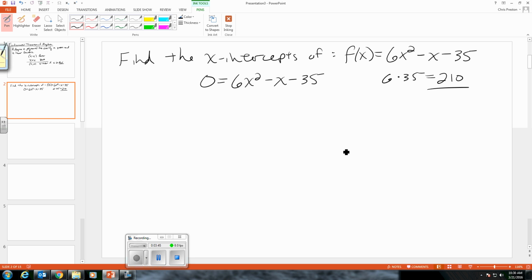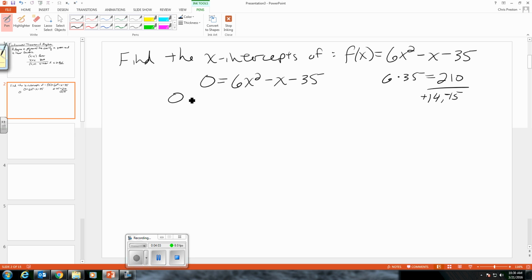The square root of 210 is 14 something. Does 14 go into 210? Yes, 14 and 15. Those are different by 1. I want it to be negative, so negative 15, positive 14.